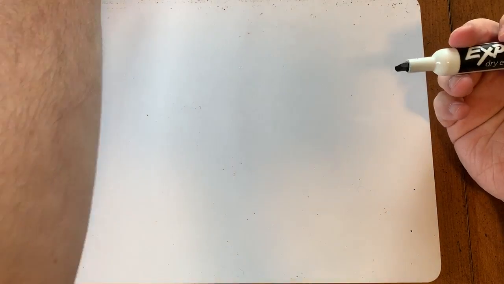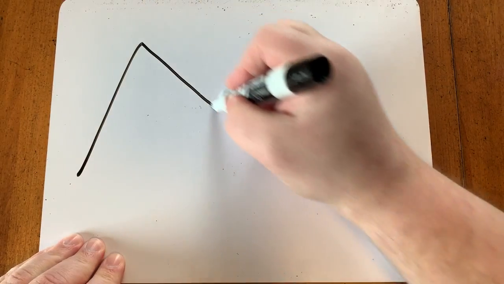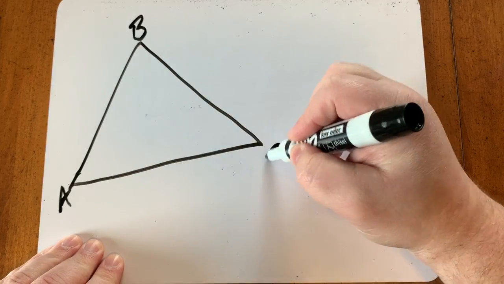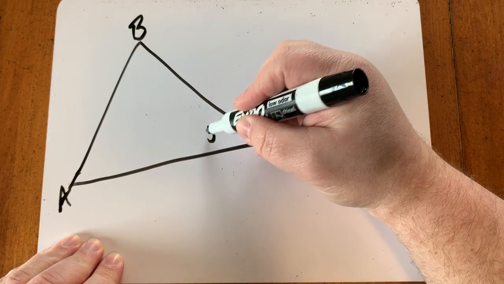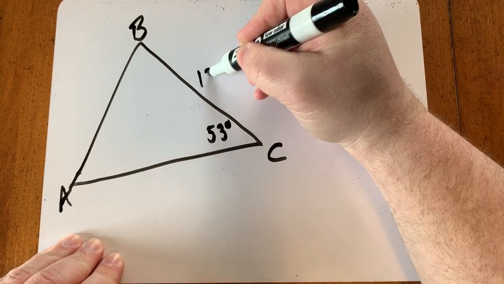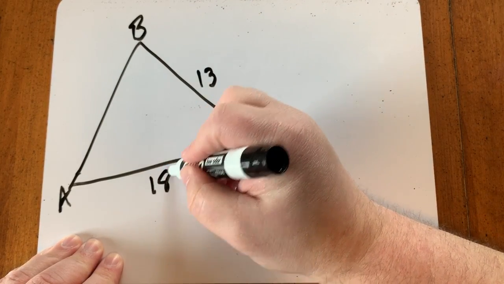So let's say we had an arbitrary triangle, our triangle ABC. And let's say we knew angle C was 53 degrees, and these two sides, A and B, were 13 and 18.